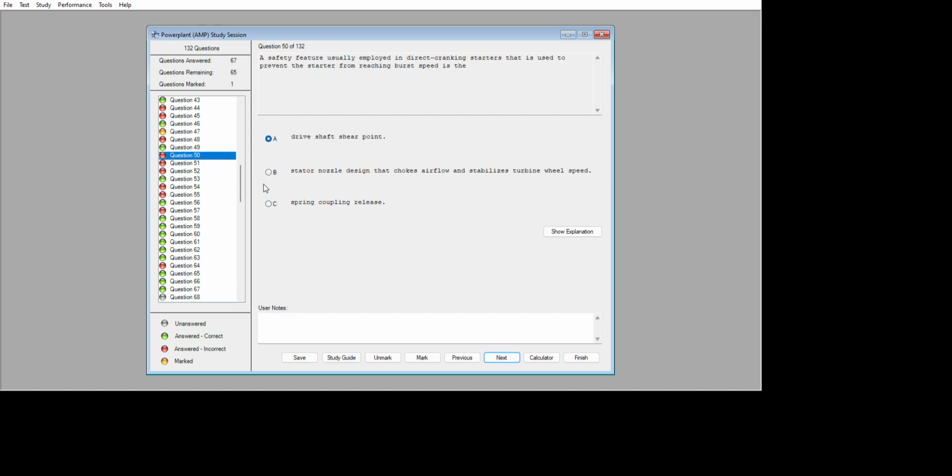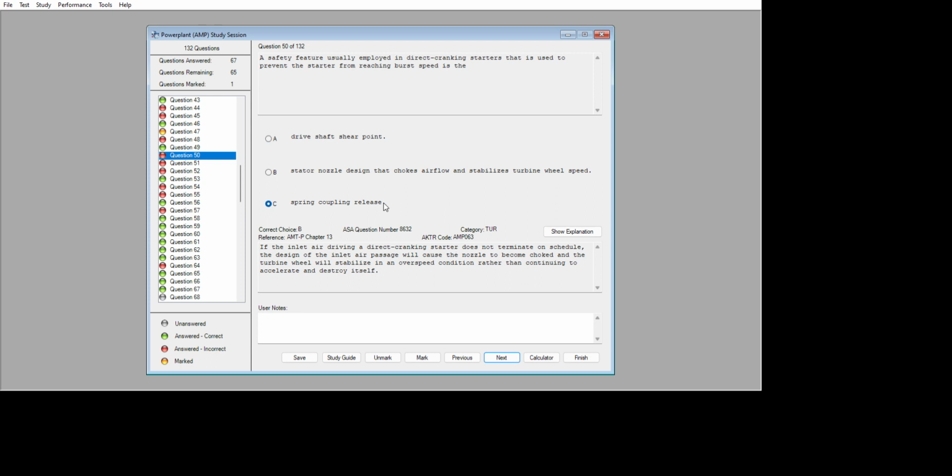A safety feature usually employed in a direct cranking starter that is used to prevent the starter from reaching burst speed is the stator nozzle design that chokes the airflow and stabilizes the turbine wheel.